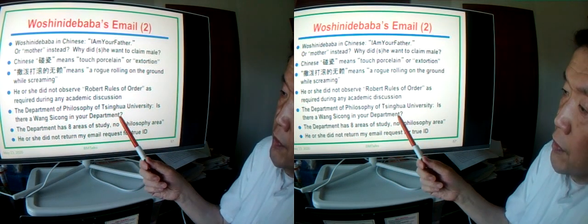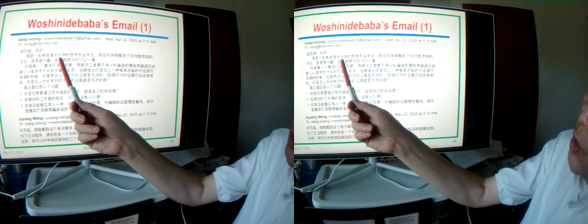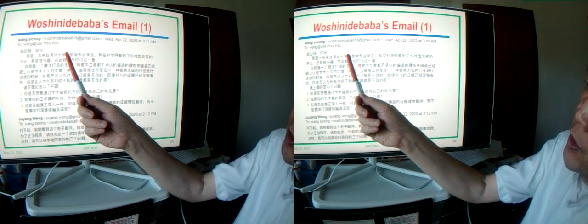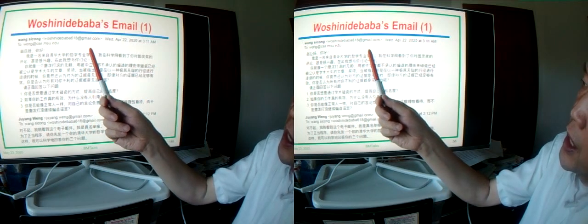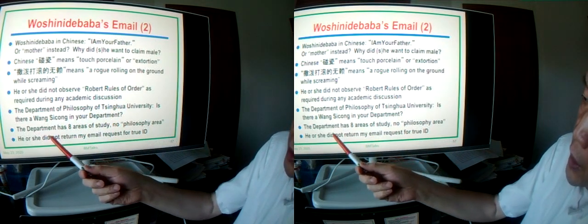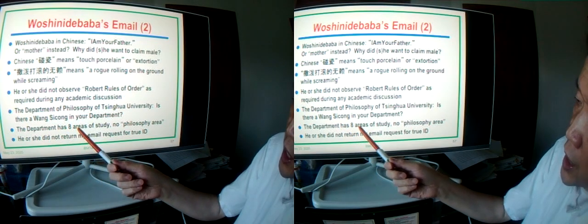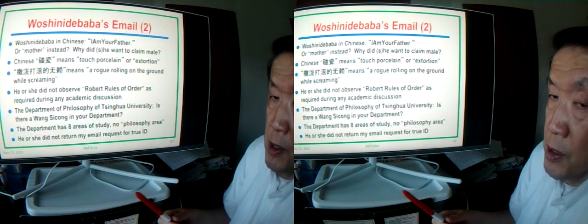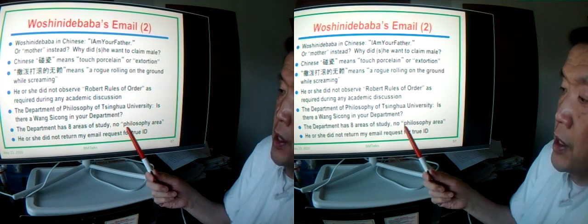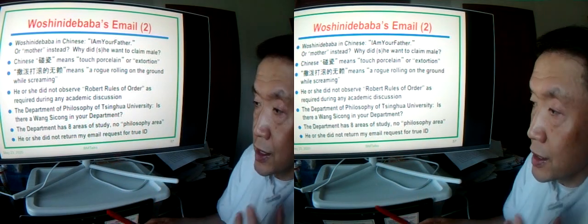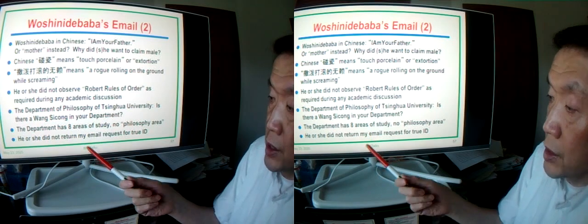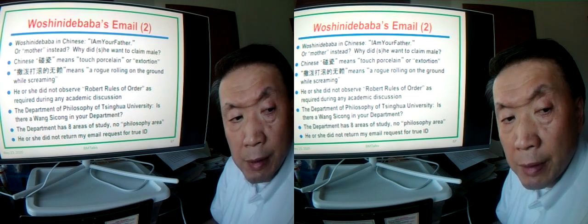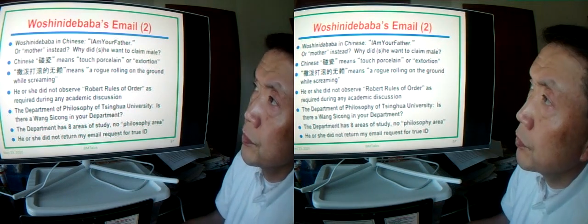It said 我是清华大学哲学专业的学生. So basically it says I'm a student in the philosophy area at Tsinghua University. But the Department of Philosophy has 8 areas of study, and there is no philosophy area. So it seems to me that she was claiming an area in the department that does not exist. And she did not reply, or he did not reply, to my request for showing your ID, so that once you have a real name, I'm happy to discuss with you.